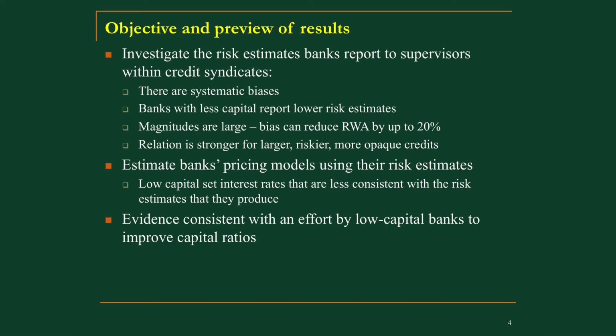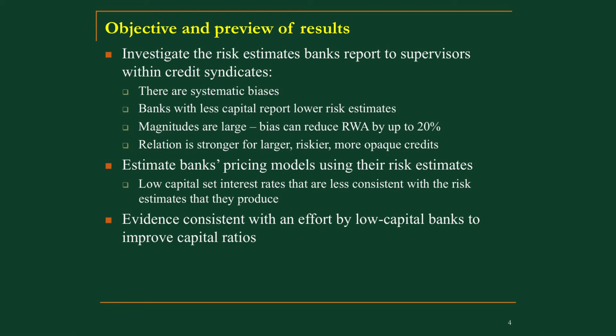Okay? And the magnitudes are large. This is not just a statistical significance issue, and it can bias the risk-weighted assets up to 20%, so it's an important difference. And then we show that the relations are stronger for the credits that we would expect if there were some regulatory motive: larger, riskier, and more opaque credits.